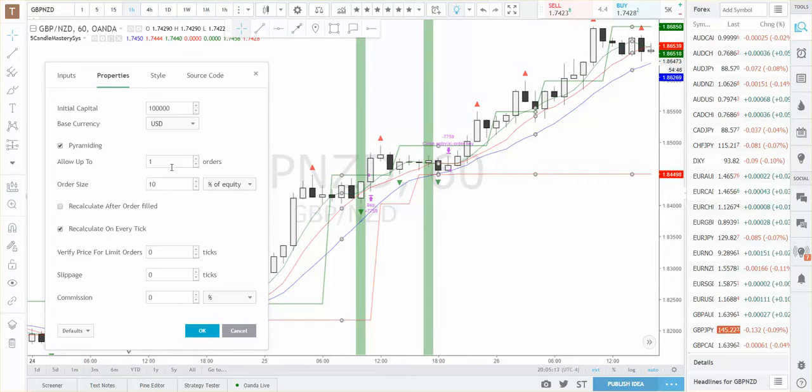Currently it's just defaulted to 1. Down here you can set the order size, currently set to 10% of equity. So basically for every single position, I am trading 10,000 units of that particular pair.